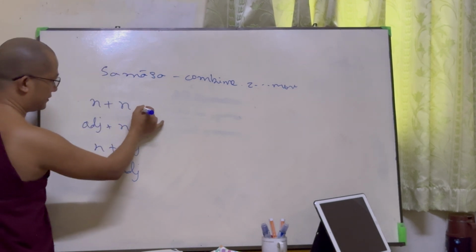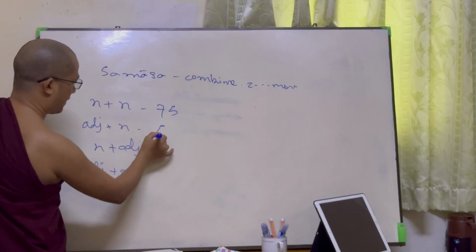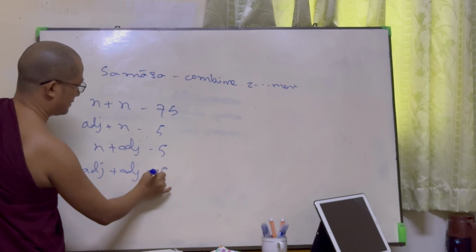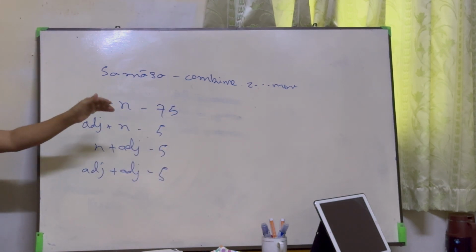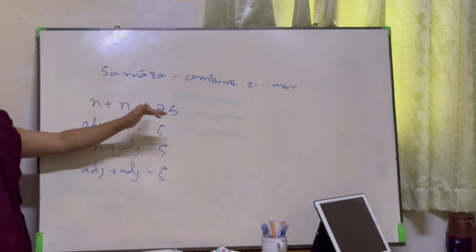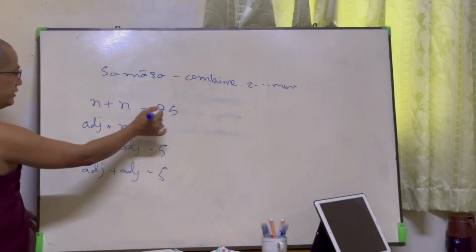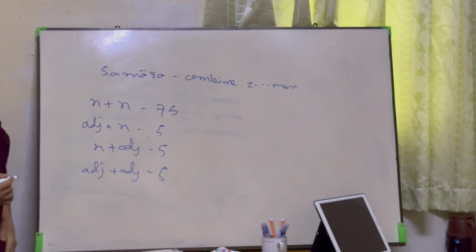Mostly, according to the percentage, maybe 75%. Adjective plus noun, 5, something like this. Therefore, the percentage is so many. Therefore, when they talk about Samāsa, they say, oh, Samāsa generally means noun plus noun. Is it enough? They will say it. But noun plus noun is 75%.